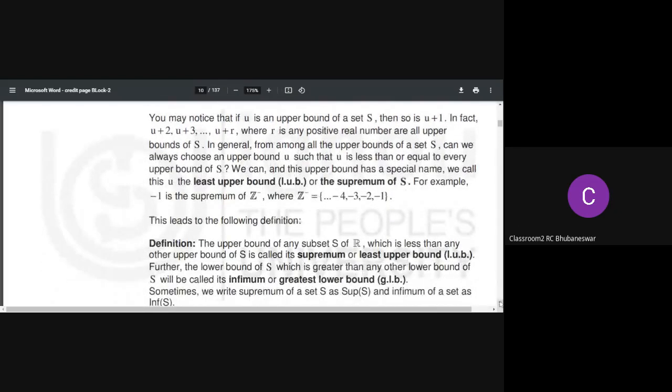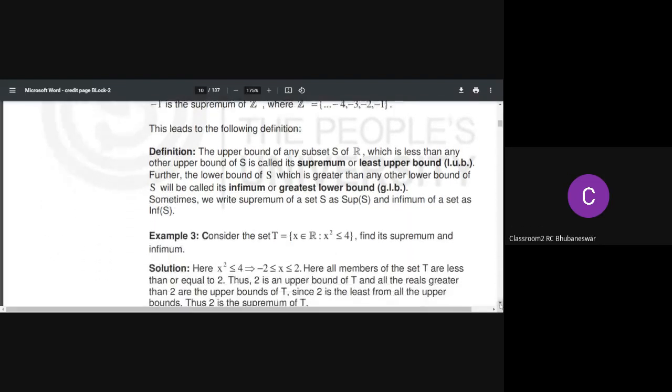Supremum is also known as the least upper bound of a set, and infimum is also known as the greatest lower bound of the set. Now let us begin our discussion of how we can define the infimum and the supremum of a set.